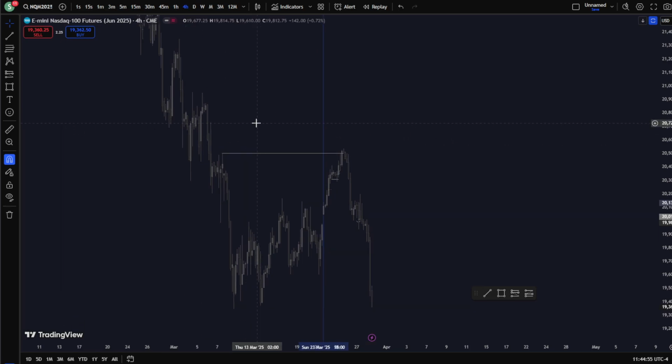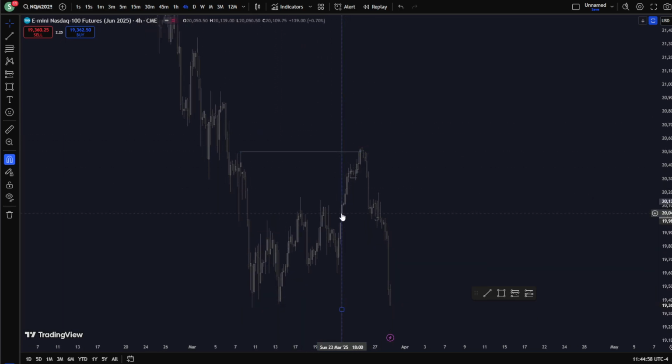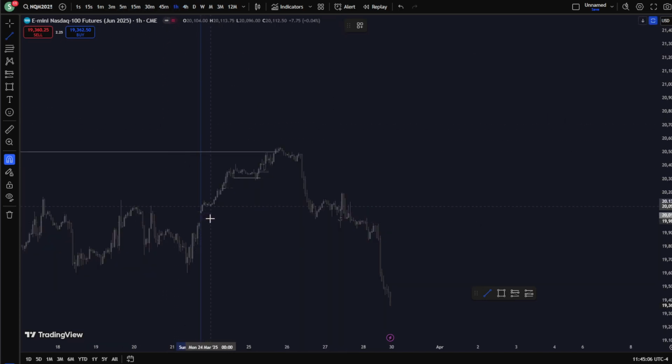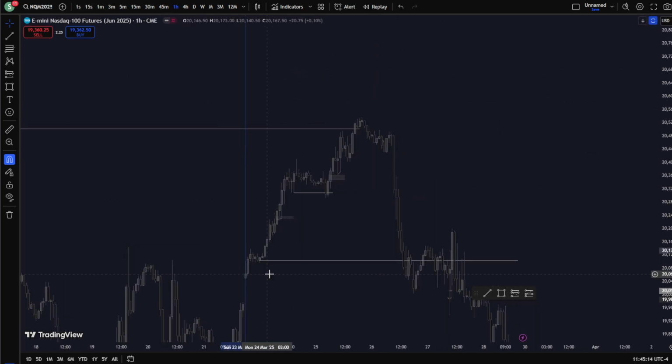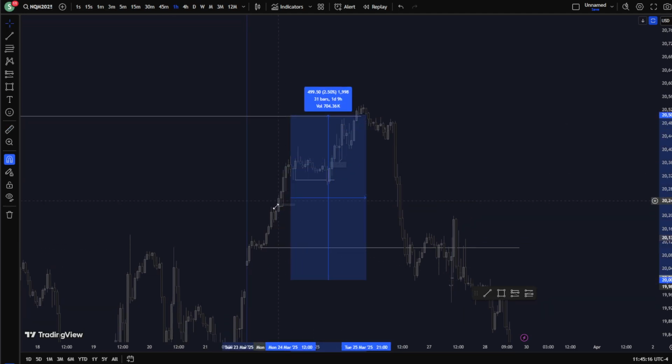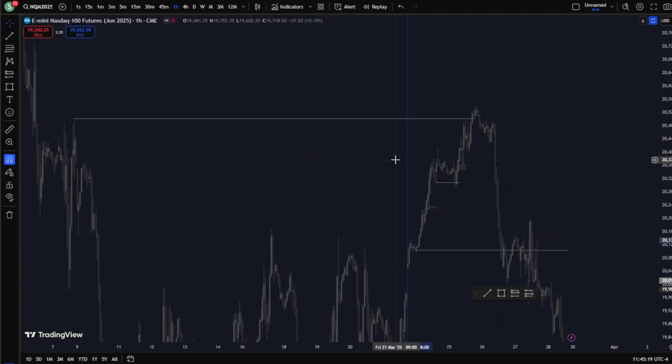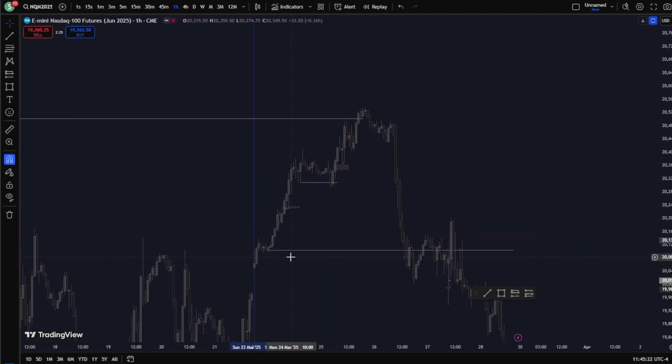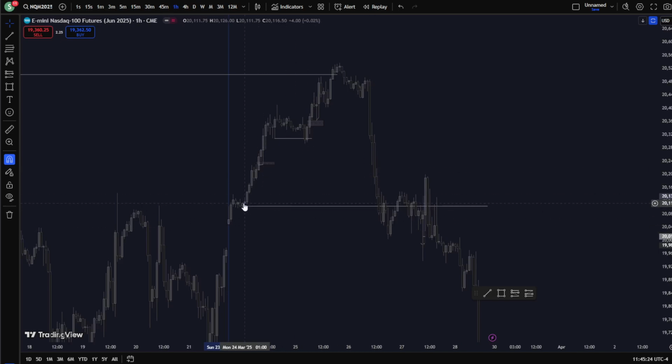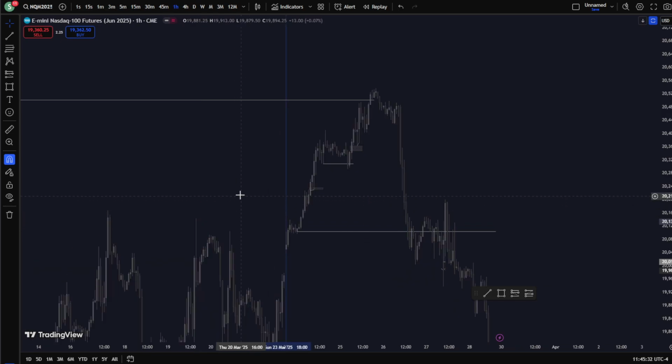So let's say the true daily open is here, right? Something like this. That would mean that you shouldn't be longing above it, which means you would not catch anything, right? So I wouldn't worry too much about it, unless you want to set very strict limits for yourself. Of course, it is higher probability if it's below, but unless you want to set extremely strict criteria for yourself, then you shouldn't be worrying that much about it.